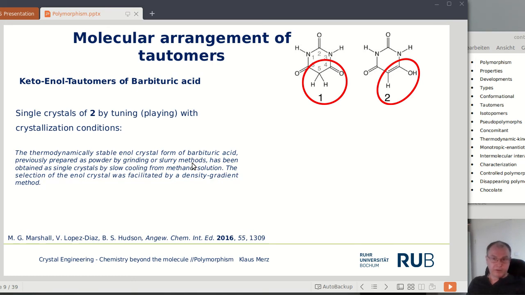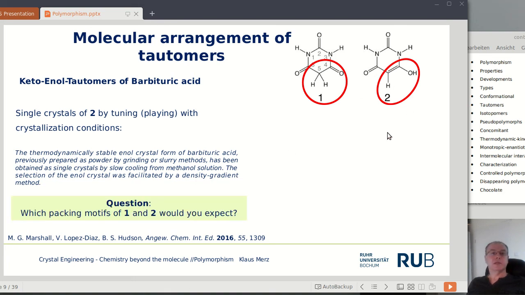Grinding and slurry methods: you can think about whether you ever heard of them. Some of you, I know, who are listening to this video have heard of it, but not all. It has been obtained as single crystals by slow cooling from a methanol solution. The selection of an enol crystal was facilitated by a density gradient method. Grinding, slurry, and then a density gradient method. And then you can get the enol form.